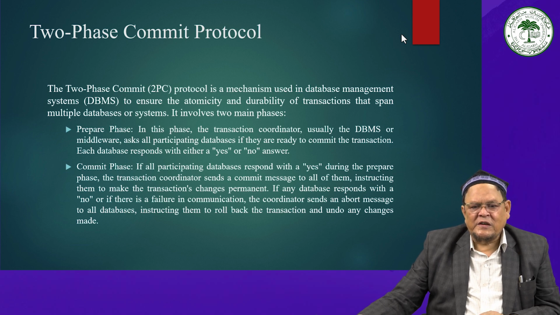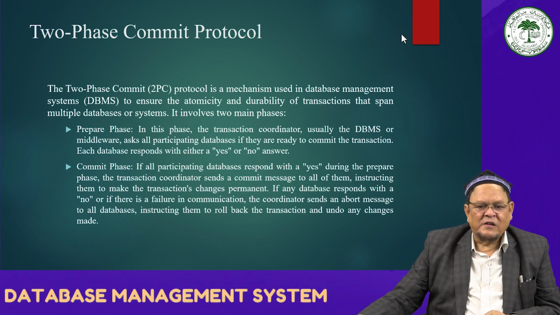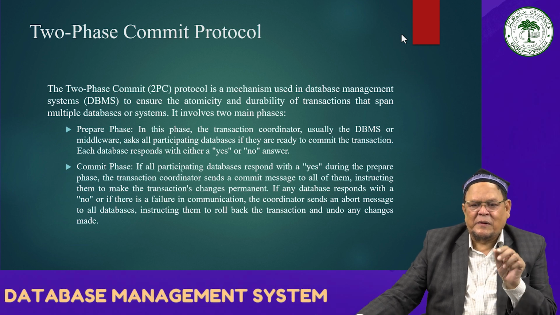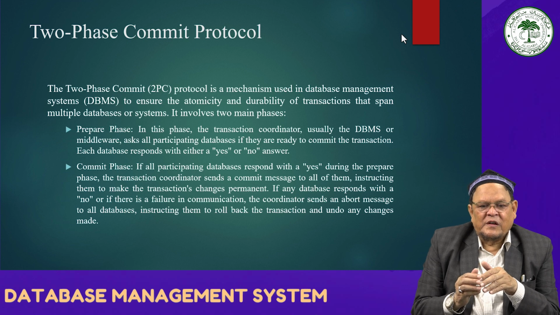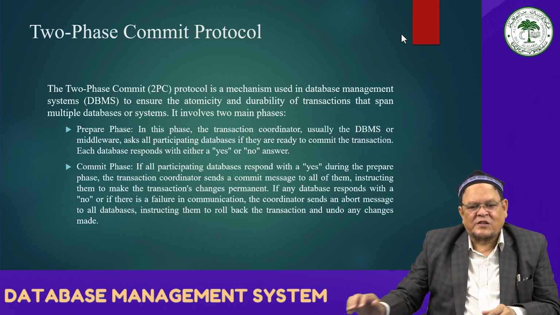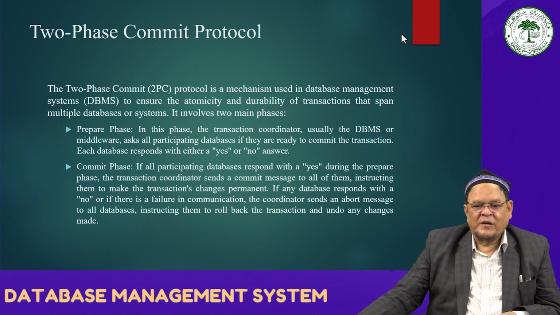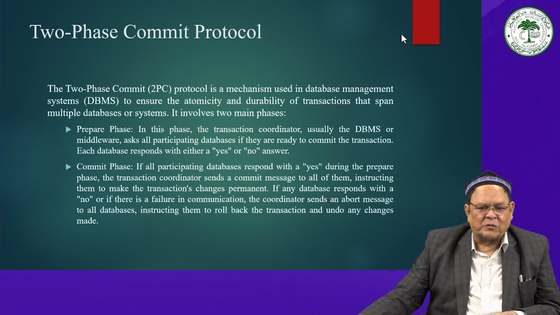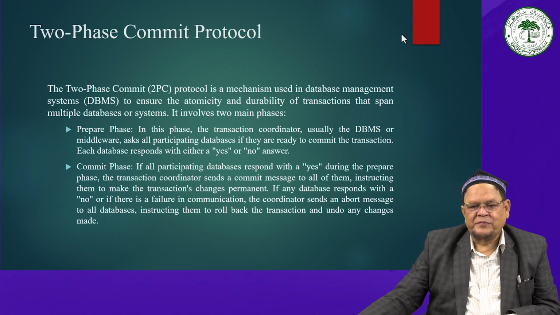If all participating databases respond with yes during the prepare phase, the transaction coordinator sends a commit message to all of them, instructing them to make the transaction's changes permanent. If any database responds with no or if there is a failure in communication, the coordinator sends an abort message to all databases, instructing them to roll back the transaction and undo any changes made.